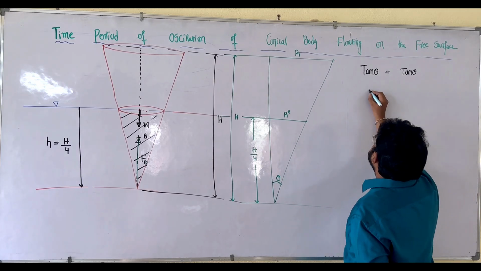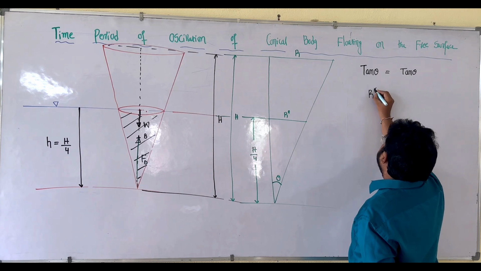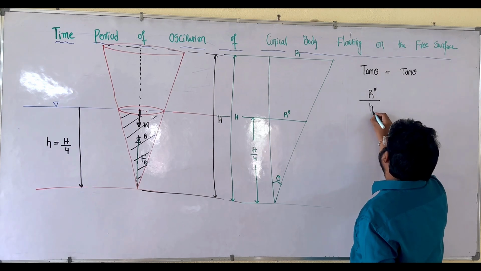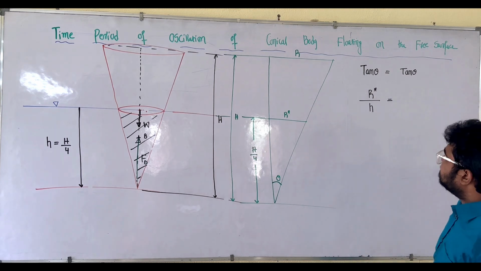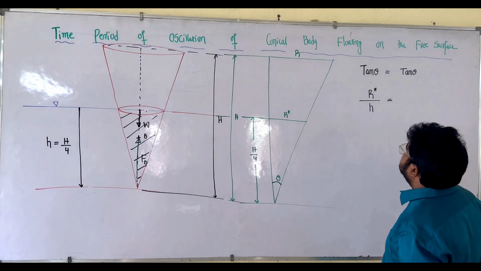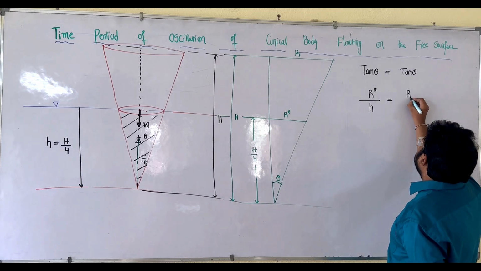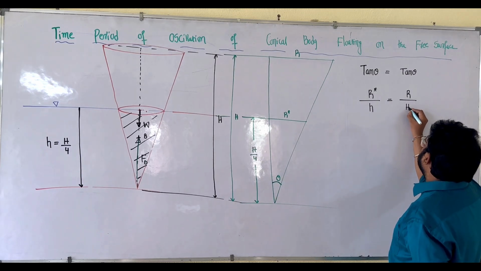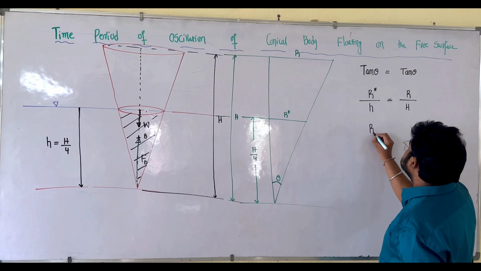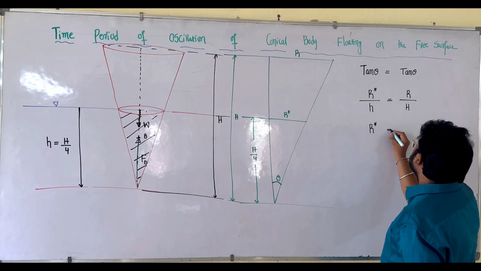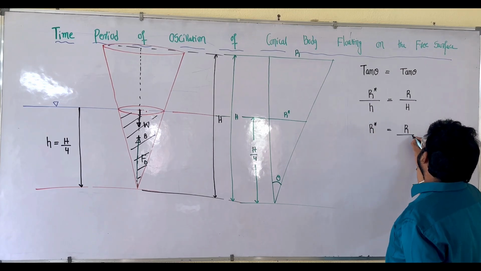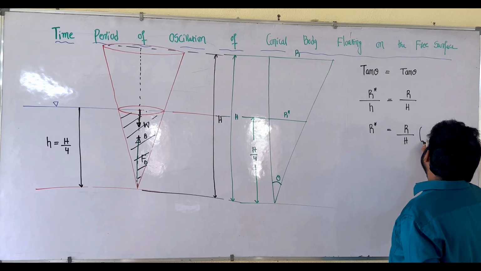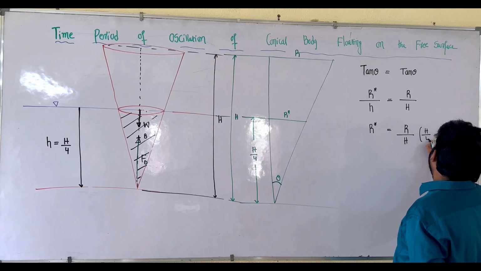Then R star by depth of immersion equals R by capital H. R star equals how much? R by H into small h, which is nothing but H by 4.